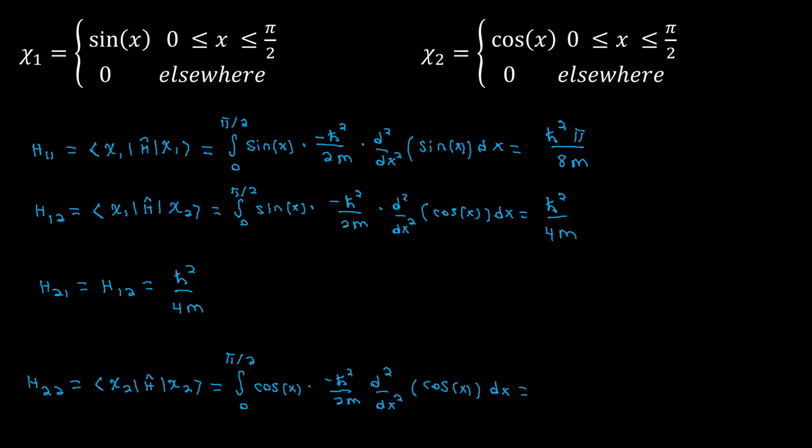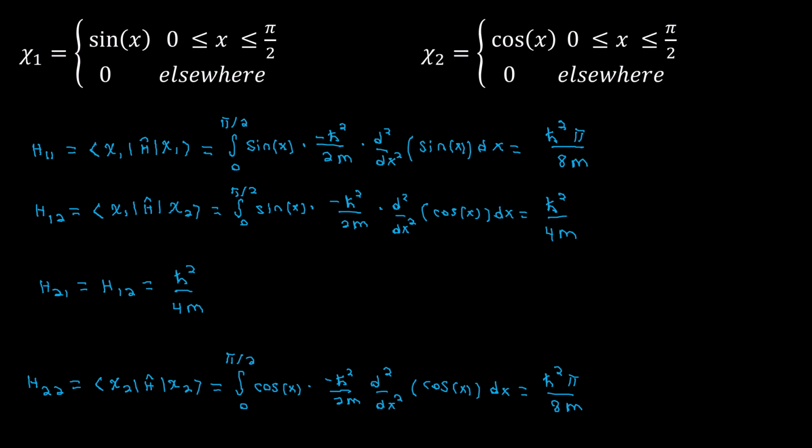Plugging this into an integral calculator, what we're left with is h bar squared pi over 8m. Just a note, I know h11 and h22 are equal here. That is not always going to be the case, and that happened just by coincidence with the functions I chose.